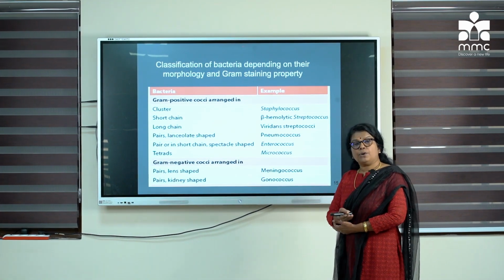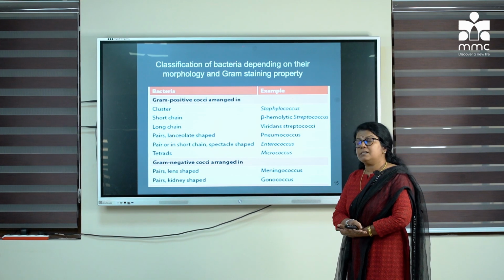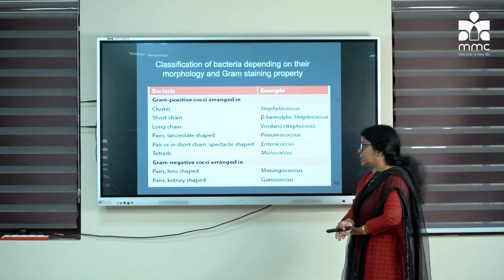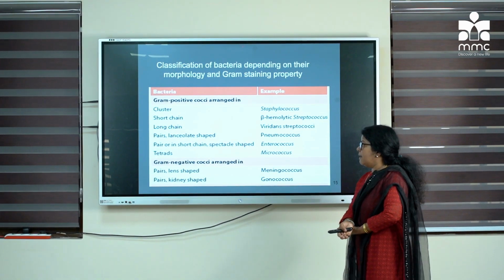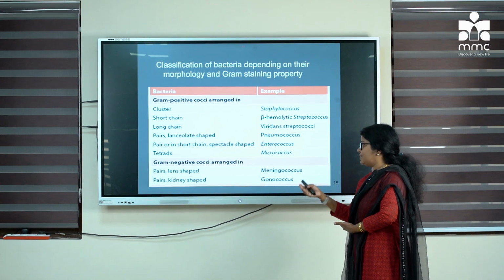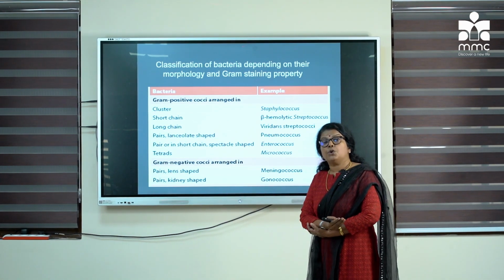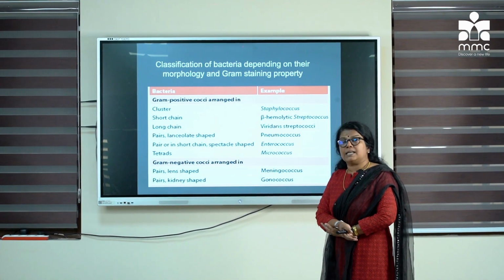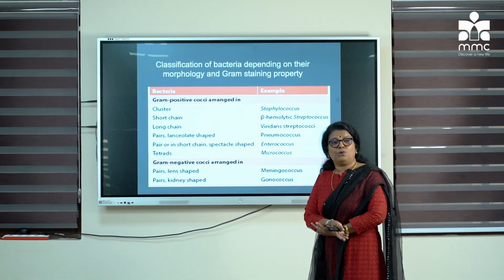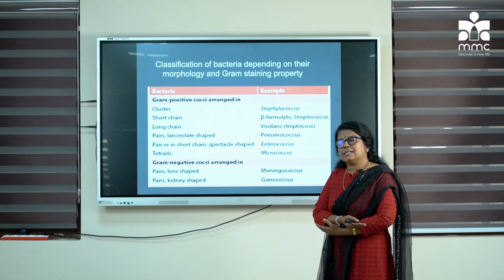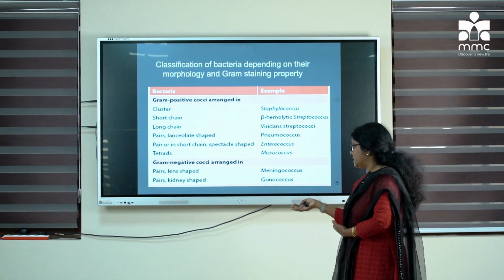Then gram positive cocci arranged in pairs, example Pneumococcus or Enterococcus, and pairs or short chains. There are so many different examples for each of these types of bacterial arrangements. You don't need to worry about this; in the subsequent classes, you will be studying each one in detail.